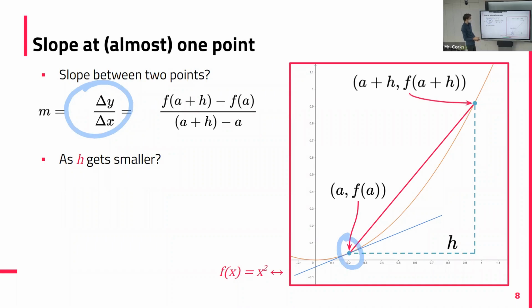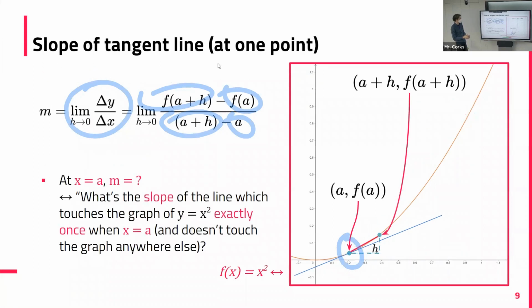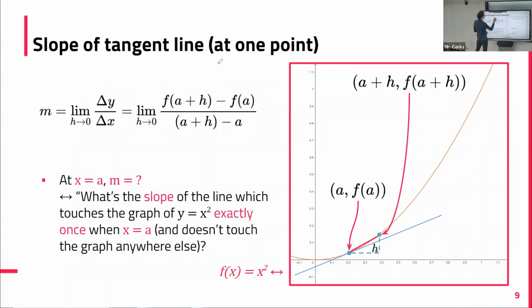The slope of that red line is just y2 minus y1 over x2 minus x1, with that h representing our delta x. And we're going to make that h closer and closer to 0 until it becomes exactly 0, using a limit.